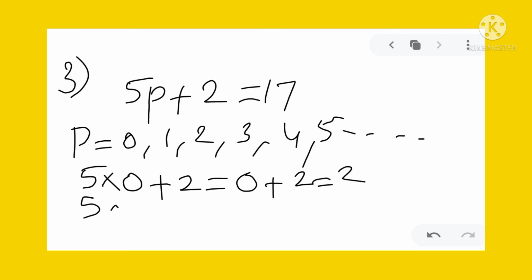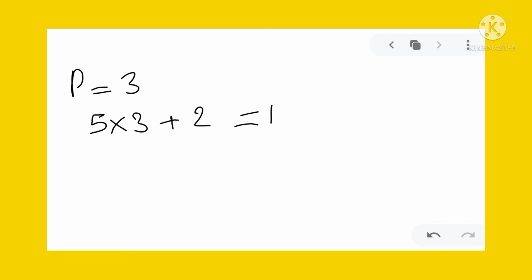Second one, when p equal to 1, 5 into 1 plus 2, 5 plus 2 equal to 7. Then next, when p equal to 3, 5 into 3 plus 2 equal to 15 plus 2 equal to 17. Before that, whether it is true for p equal to 2.